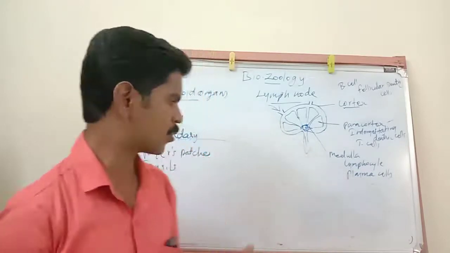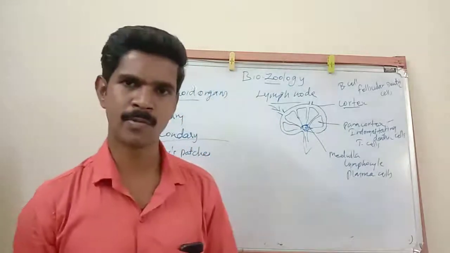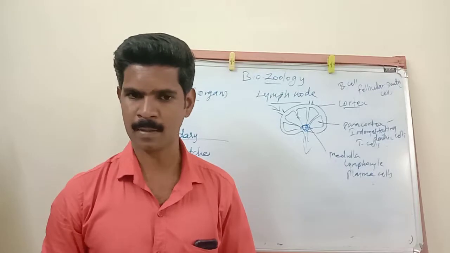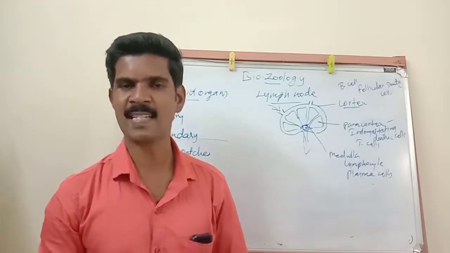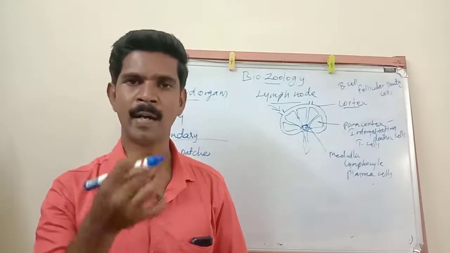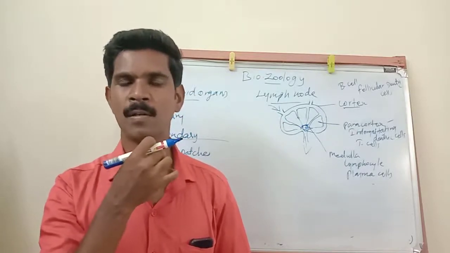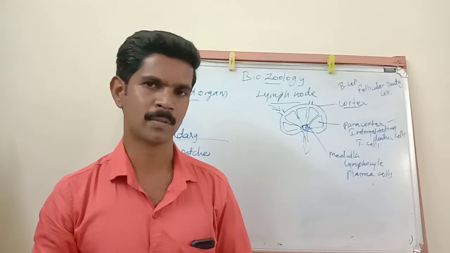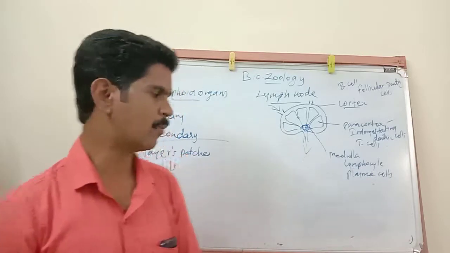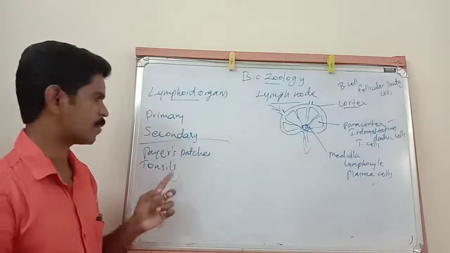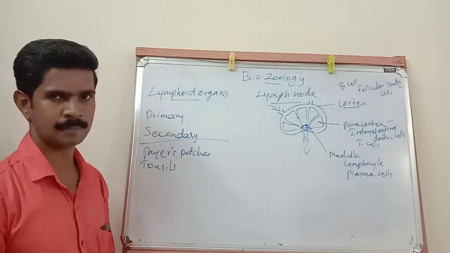These tissues are called tonsils. These tonsils stop the entry of bacteria and viruses through the mouth. So now we have studied two important lymphoid tissues, Peyer's patches and tonsils.